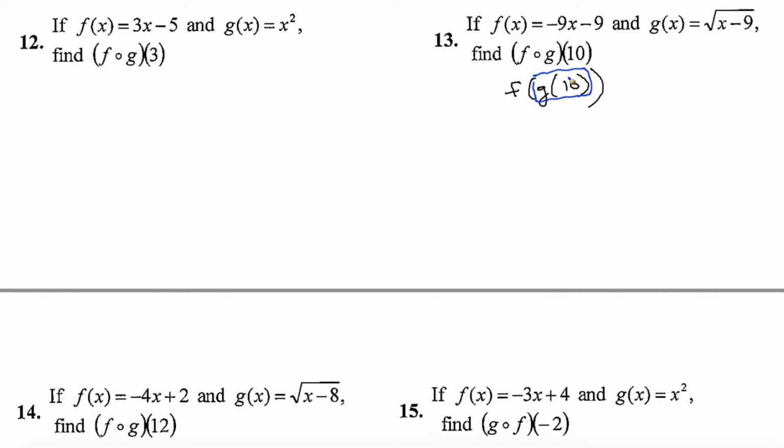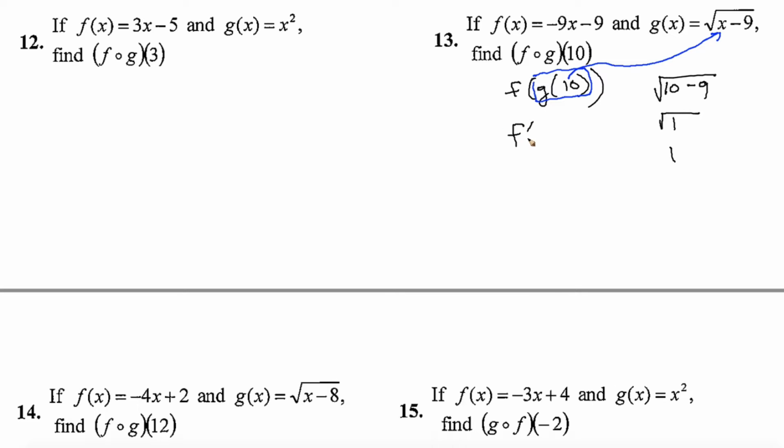G of 10. So I'm taking 10 and plugging it in right there, giving me the square root of 10 minus 9. What's 10 minus 9? That's 1. What's the square root of 1? That's 1. And you can type it all in a calculator to help you if you need to.